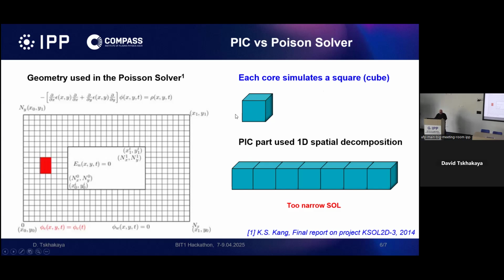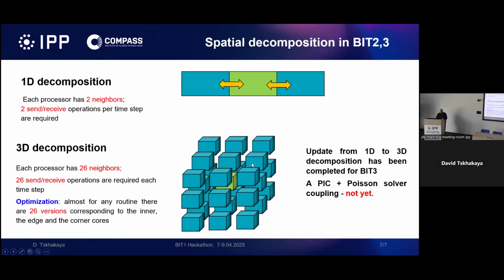Because the rest of the code required 1D, you could just construct a one-dimensional, very long scrape-off layer, which makes a nice simulation, but it's not really realistic because it's very narrow. So I realized that to make it really compatible, I had to go from 1D to 3D or 2D decomposition. It's a nightmare.